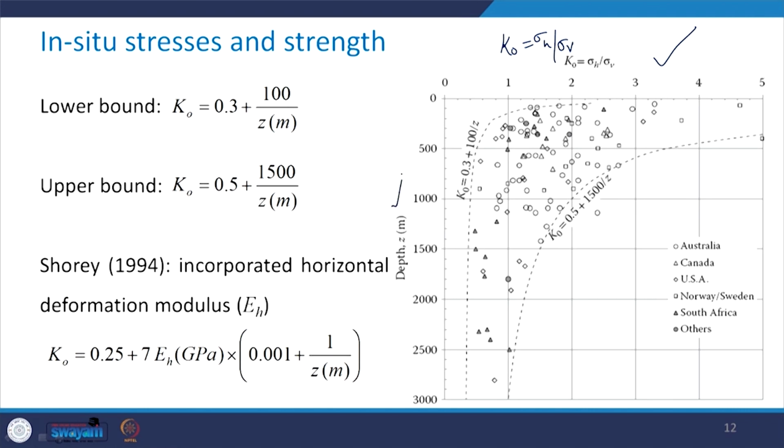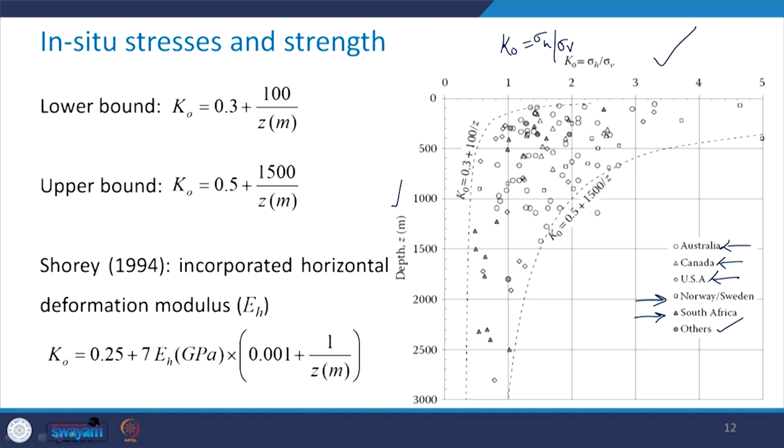The countries from where the data has been taken are Australia, Canada, US, Norway or Sweden and South Africa, and there are other countries also. Two bounds have been drawn on this data.